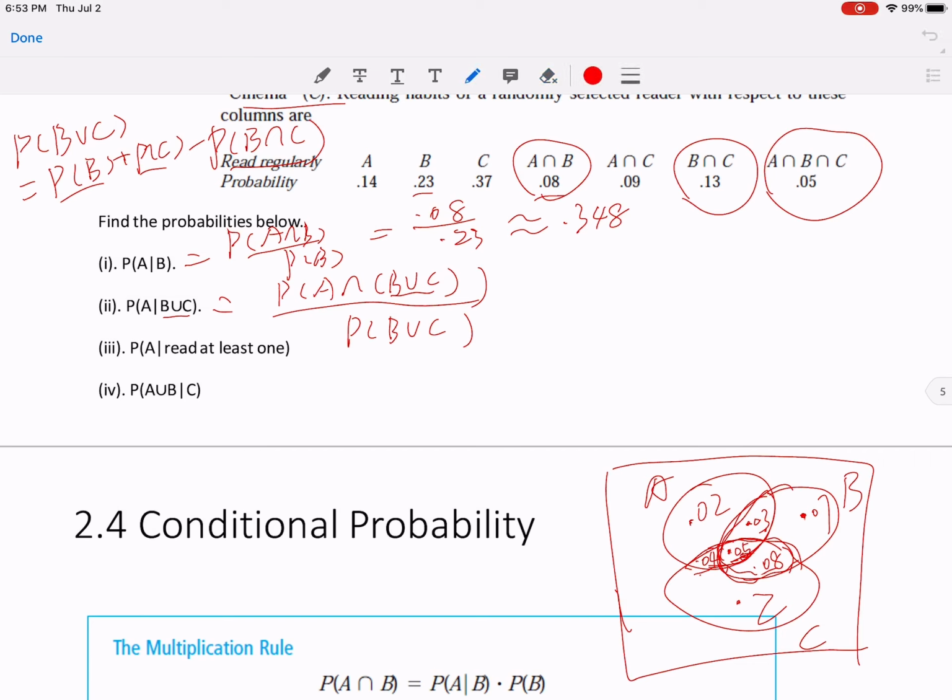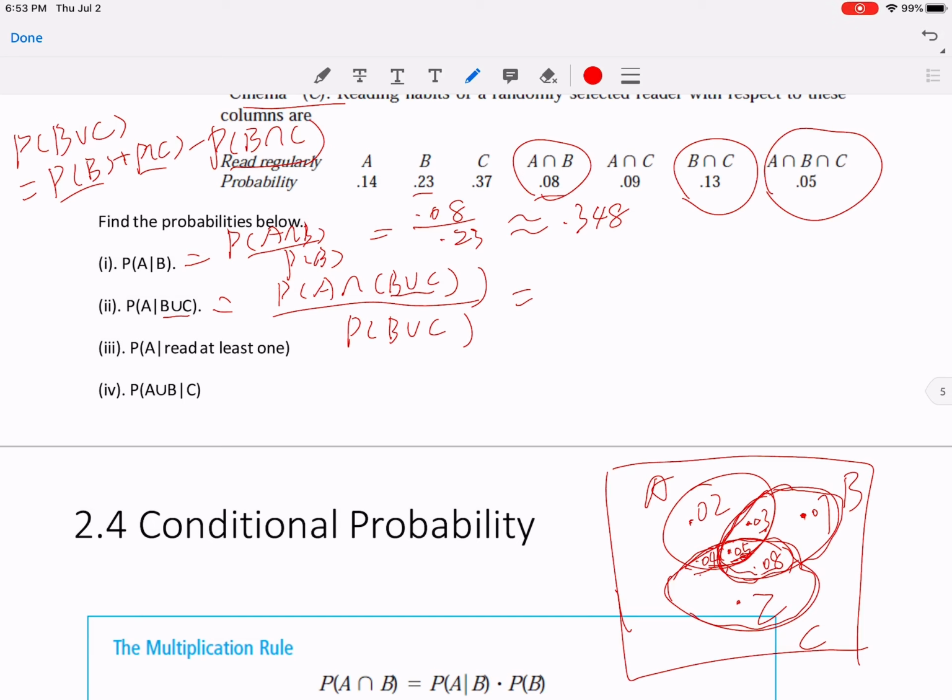Okay, so this is equal to A intersection B union C. So B union C would be this part. And A intersection B union C would be 0.03 plus 0.05 plus 0.04.